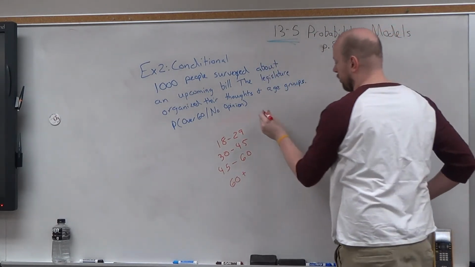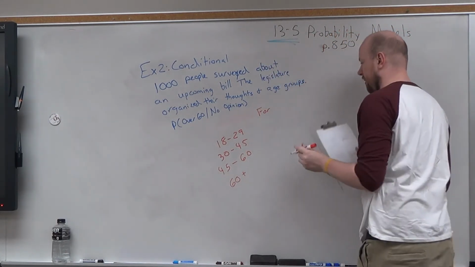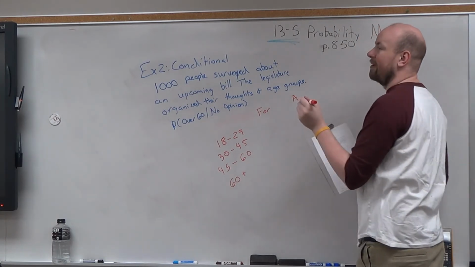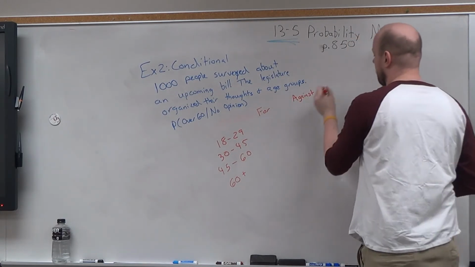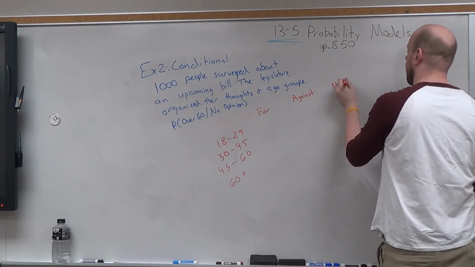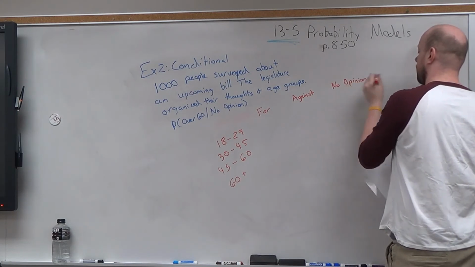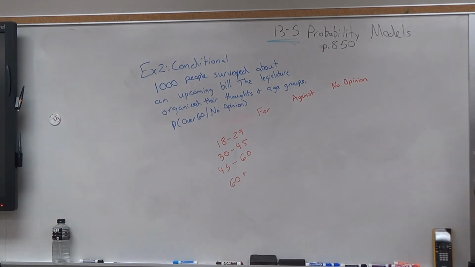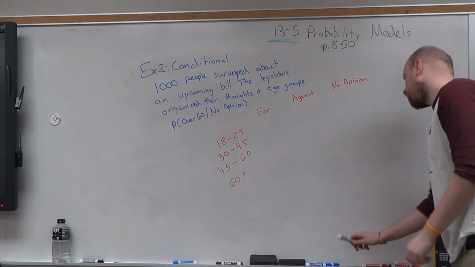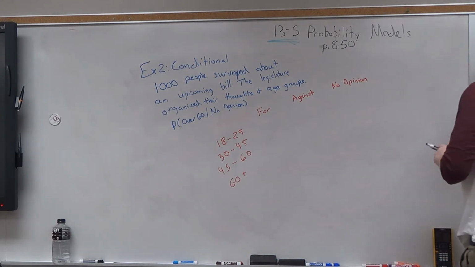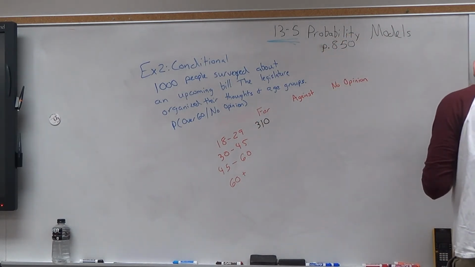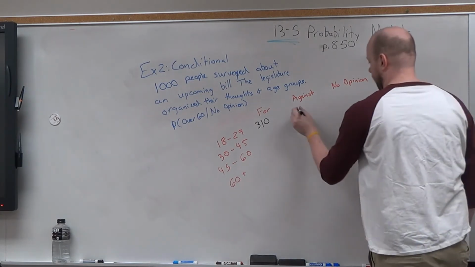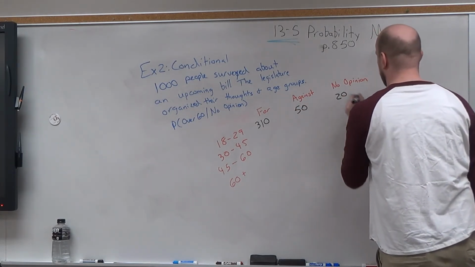We also have people who are for increasing minimum wage, people against increasing minimum wage, and then people who had no opinion. Let's see, numbers. We had 310 younger people for increasing minimum wage. We had 50 against, and we had 20 with no opinion.